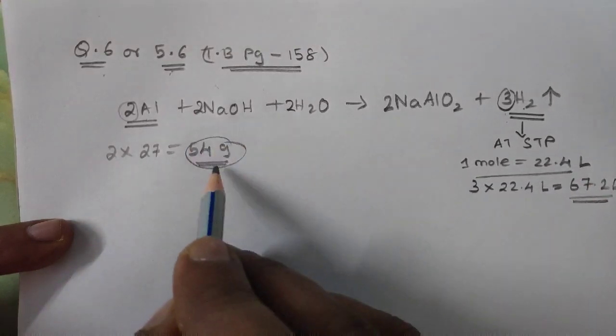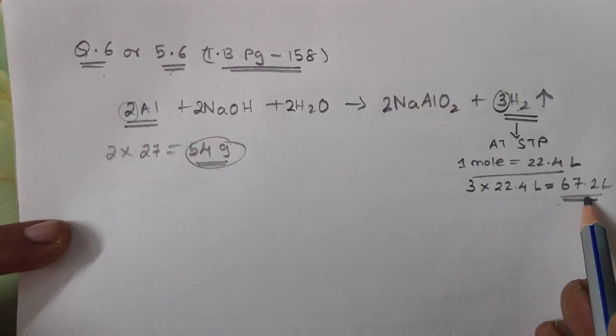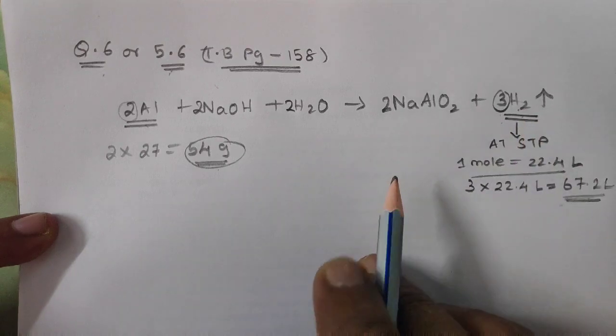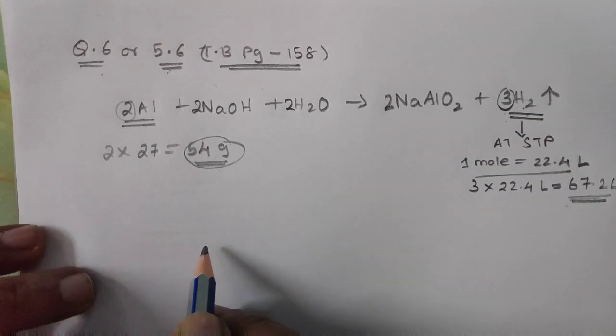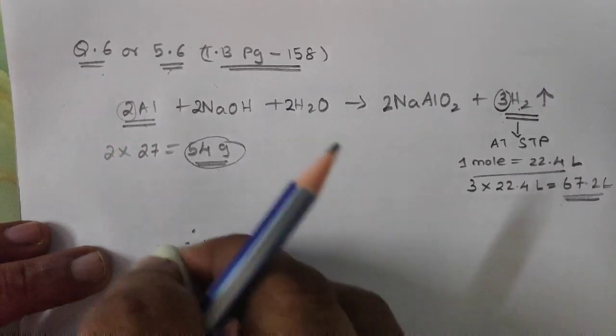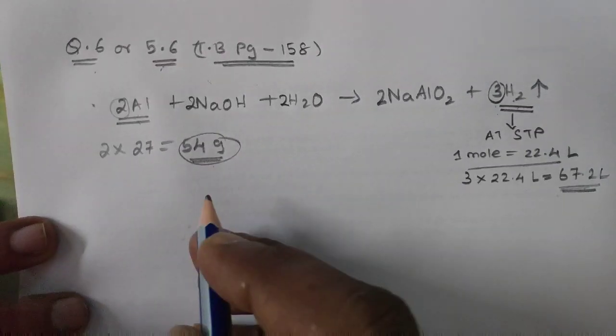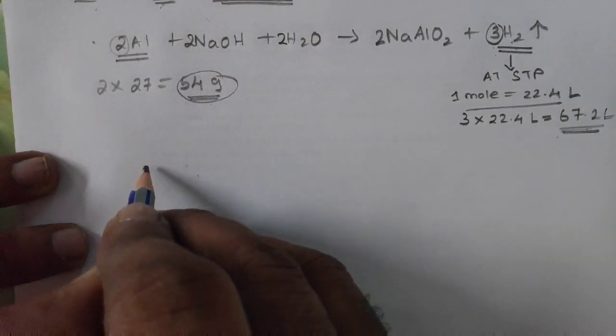So 54 grams of aluminium gives 67.2 liters of hydrogen gas. Now we will do simple cross multiplication.